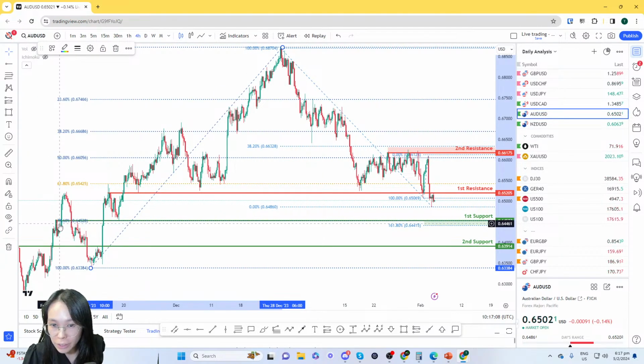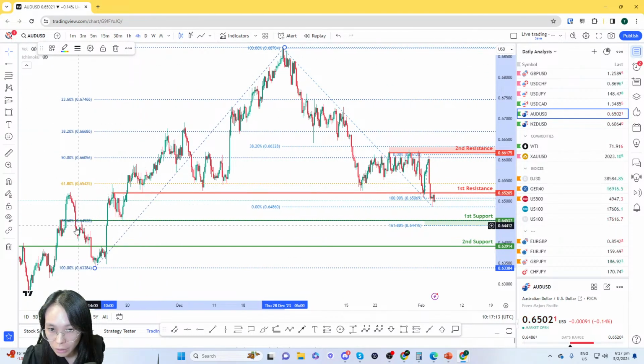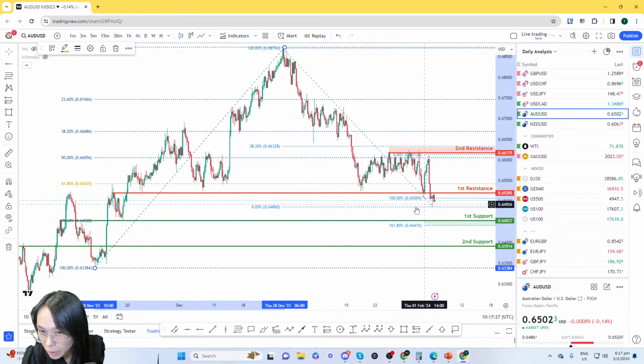Over here you can see that I have drawn the retracement from this swing low to this swing high. There is a 78.6 retracement that aligns with our first support and also the 161 extension. So our first support is a strong Fibonacci confluence area, because this 78.6 is still usable, still valid.